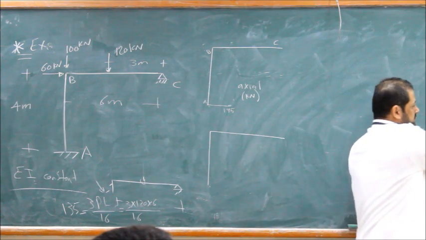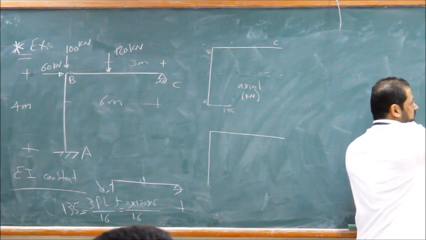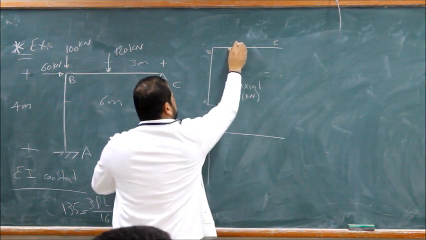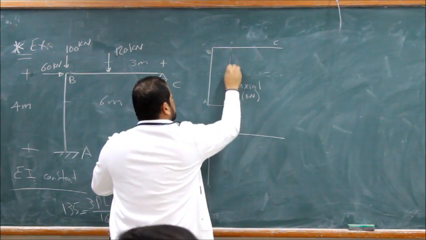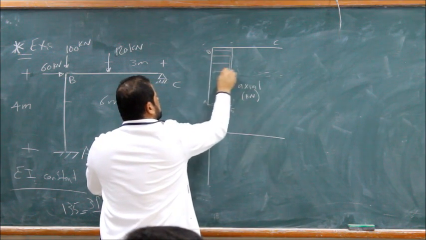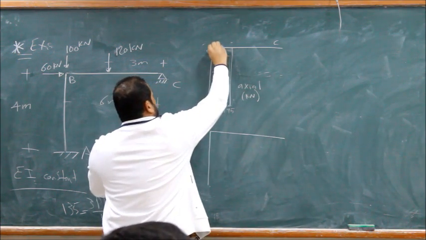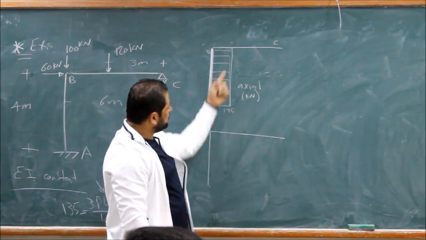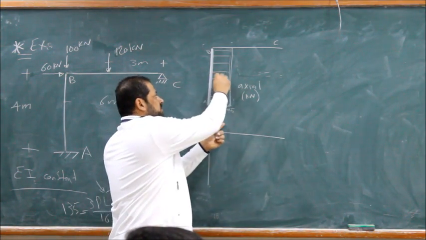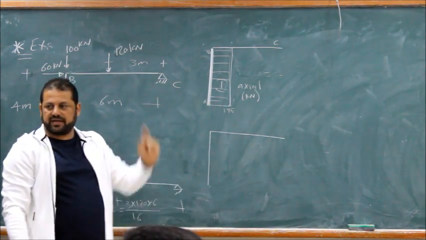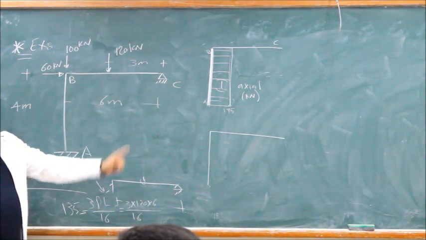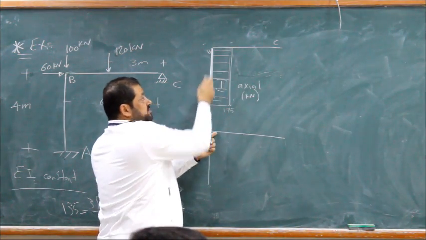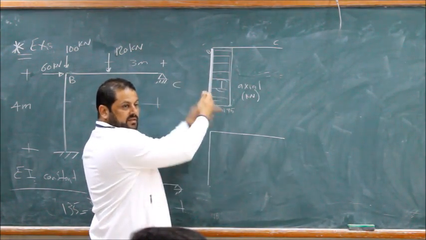There might be, but in this case, nothing. No axial force, so it is constant. So this one has a constant axial force of 175, negative or compression. You can put C or negative. It means compression. Good? So this line is for this member. Done.